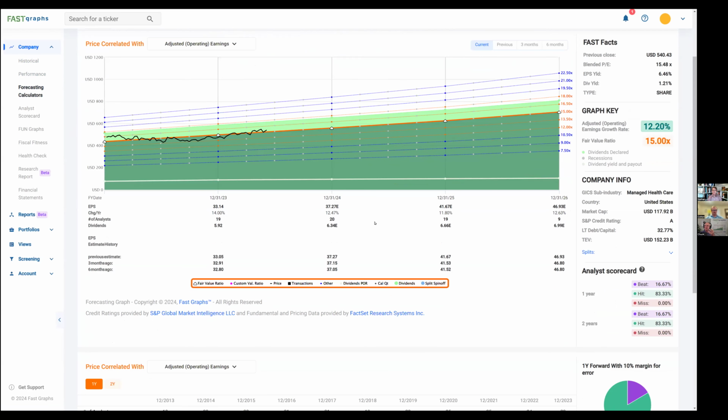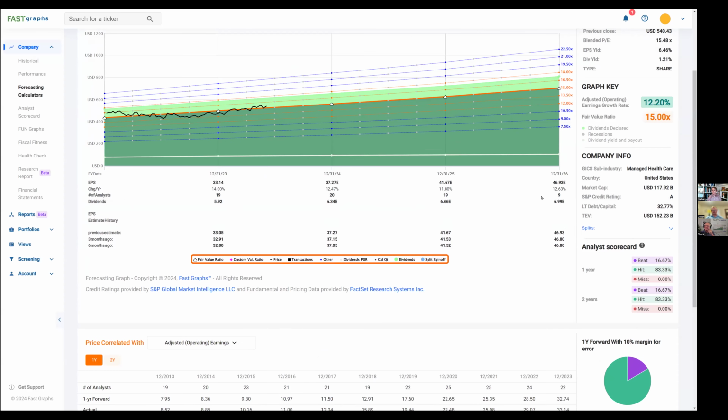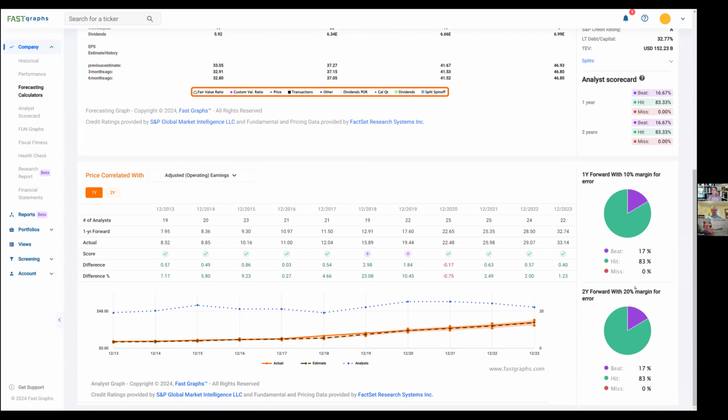But I'm also seeing now that the analysts have been very accurate. Now, analysts get a lot of their information from guidance. And so we're measuring how accurate the analysts were when they made the estimate 1 year in advance, with a 10% margin of error. To believe that these analysts are going to be perfect would be naive. And then as we go further out, we give them a little higher margin of error.